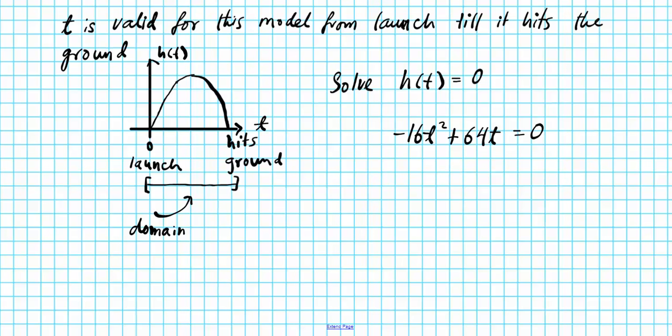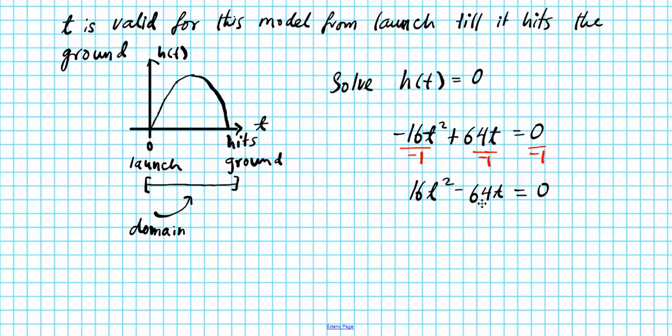Okay, all right, let's go ahead and solve this. I like to divide everything by -1 first, because I like my leading coefficient to have a positive sign. You can divide by -1 or multiply, it's the same thing. So you have 16t squared minus 64t equals 0.